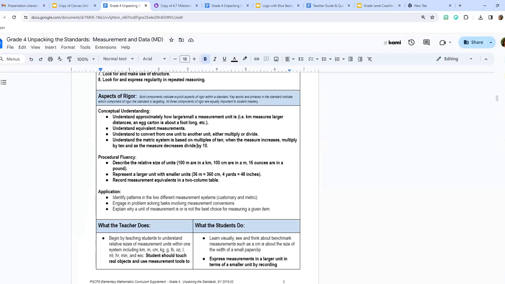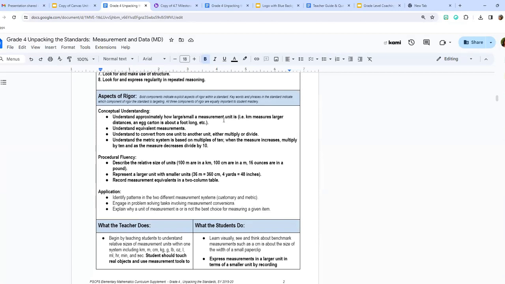All right. So notice the progression of how these bullet points are listed. We're not starting down here. We are starting with them understanding how large or small a measurement unit is. And they get that by actually viewing literal objects.